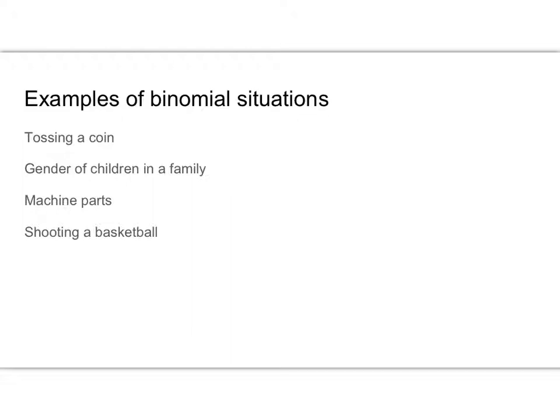If you have a baby, you're either going to have a male or a female. And then machine parts, whether they're defective or good and working, there are two possible outcomes for that too. Shooting a basketball, either you make the basket or you miss the basket. So those are some examples of binomial situations.